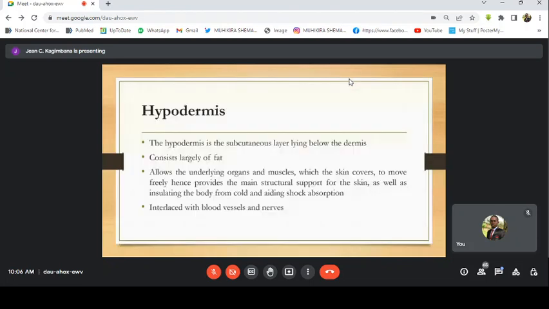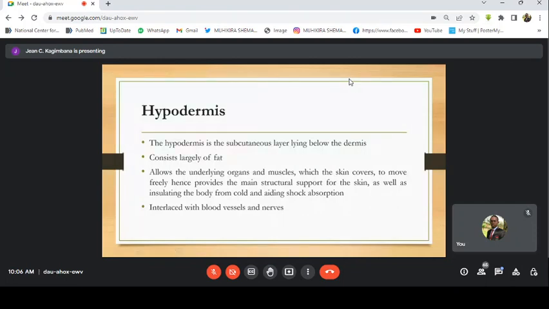The hypodermis is the subcutaneous layer right below the dermis. It's composed of fats, adipocytes. Okay? Again, this plays a role of shock absorption, and we have some conditions like lipoma, which is an agglomeration of adipocytes that come together to make a lipoma.